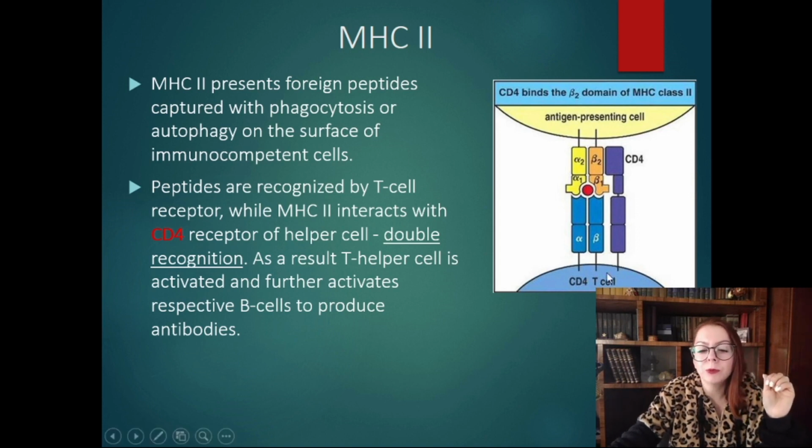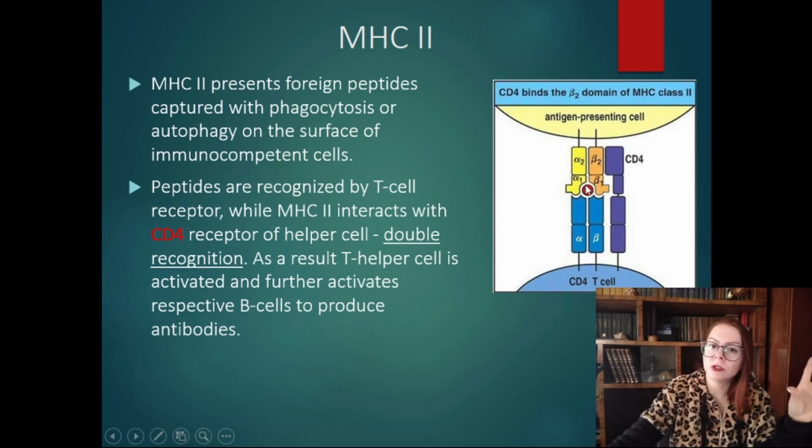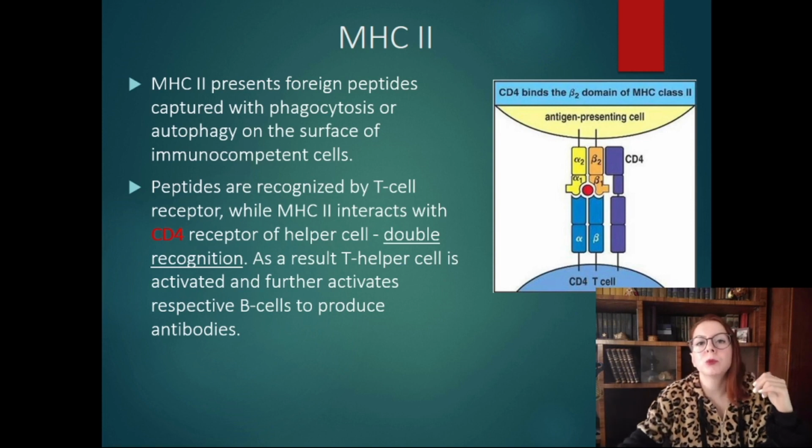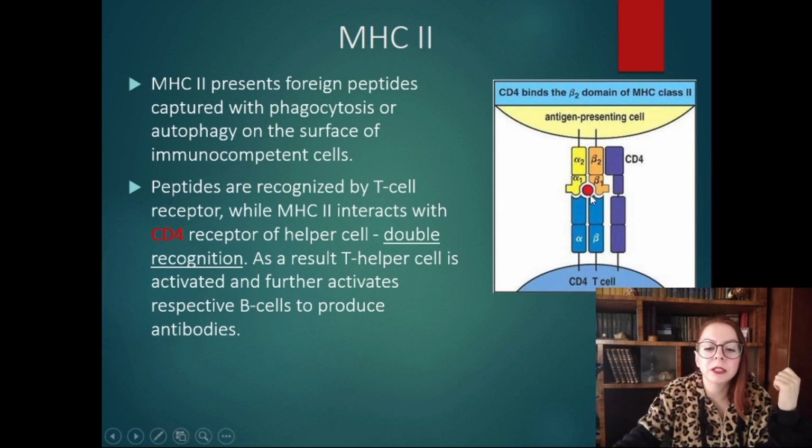So CD4 helper cells interact with foreign antigens on the surface of macrophages or dendritic cells. And as a result, if they interact properly, they get activated, increase in number, and further stimulate proper B cells to produce antibodies against this antigen.